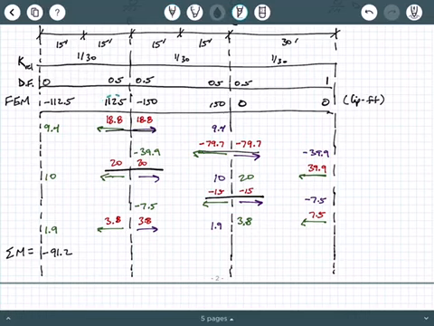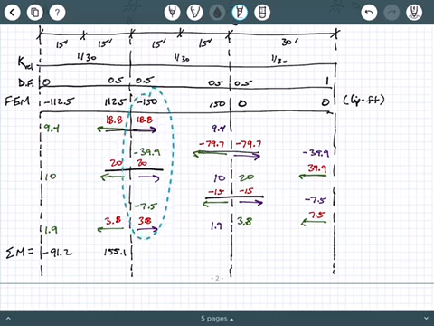And then again, add vertically here, including the fixed in moments, positive 112.5 plus 18.8 plus 20 plus 3.8. I get a positive 155.1. And then add vertically here.